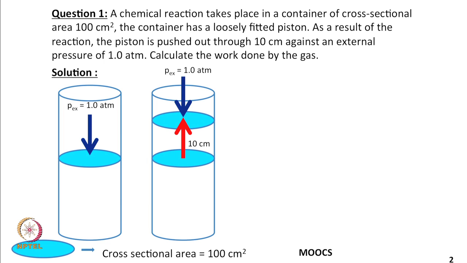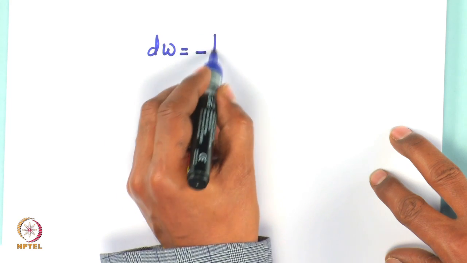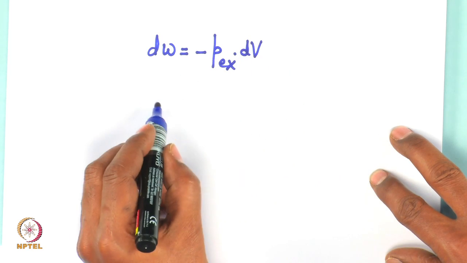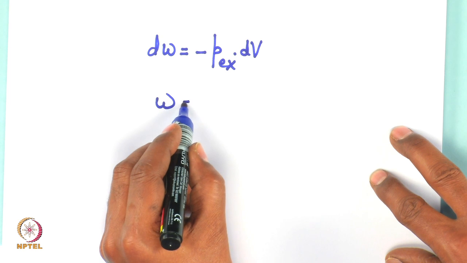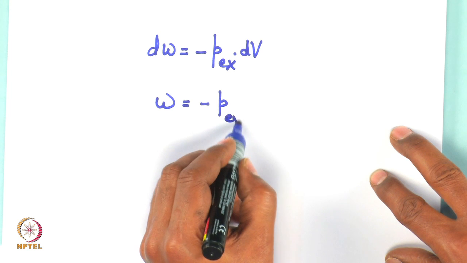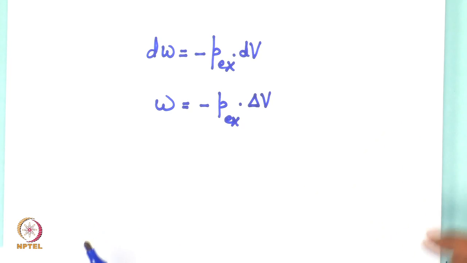Therefore, the process is irreversible, it is not reversible. So, we use this equation: dW is minus P external times dV, or in the integrated form, minus P external times delta V. Delta V is V final minus V initial.